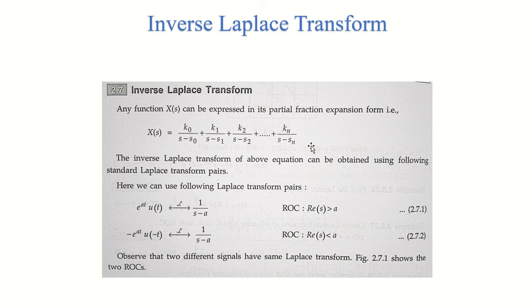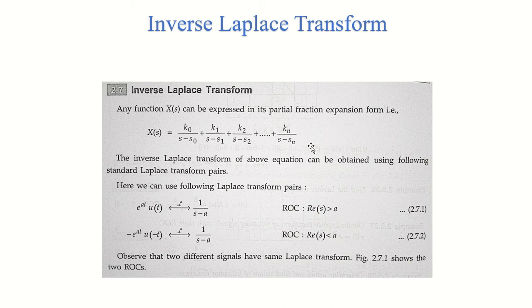So we can also find the Laplace transform of any equation using its transform pairs. You can call them transform pairs. Like if you want to find the Laplace transform of u of t, you can directly find it, right?